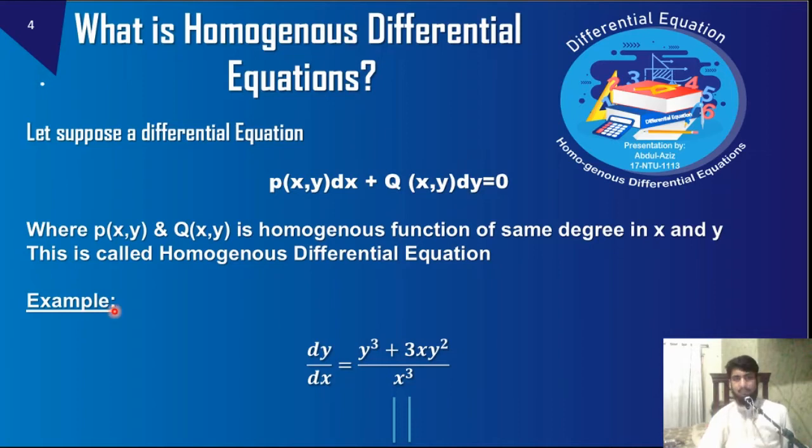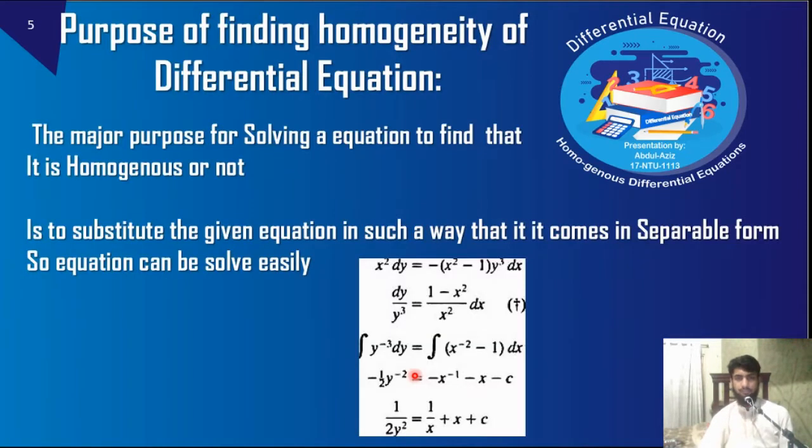An example of a homogeneous differential equation is dy over dx equal to (y cube plus 3xy square) over x cube. As you can see, x cube has degree 3, and in xy square, x has 1 power and y has 2 power. 1 plus 2 will be equal to 3 over x cube. It is also having degree 3, so it is a homogeneous differential equation.